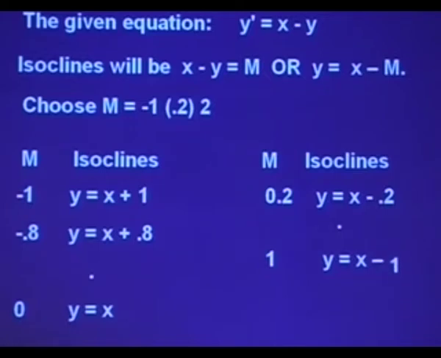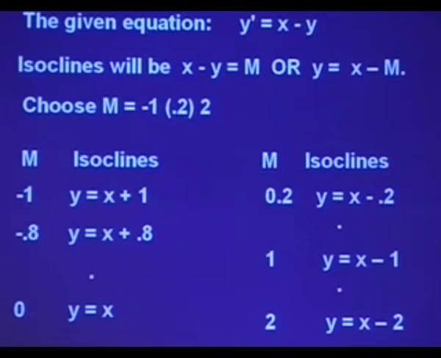Thus we would have at 1, y is equal to x minus 1, and at 2, y is equal to x minus 2. So, we are having approximately 15 lines, from -1 to +2, that is these are my m's, and we have these isoclines.